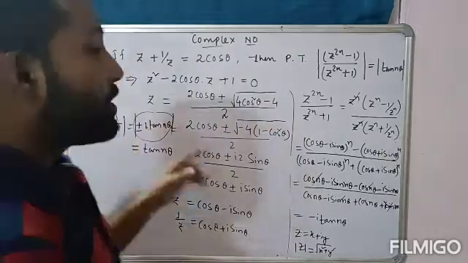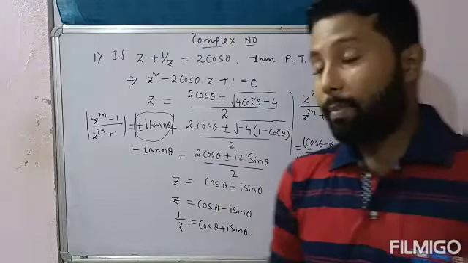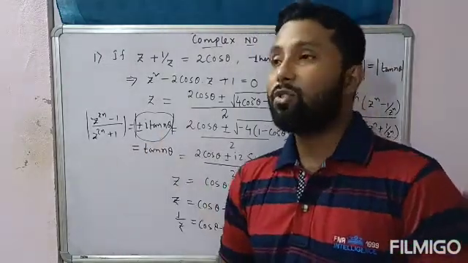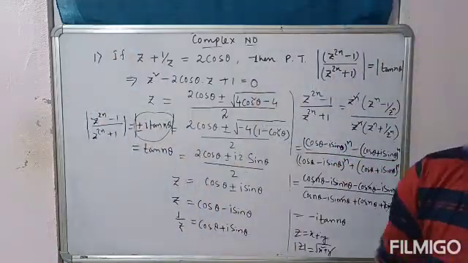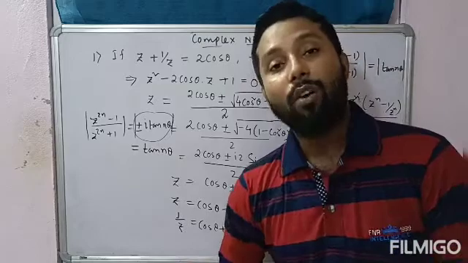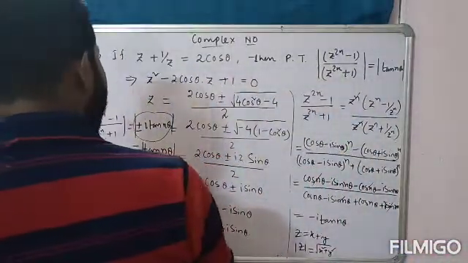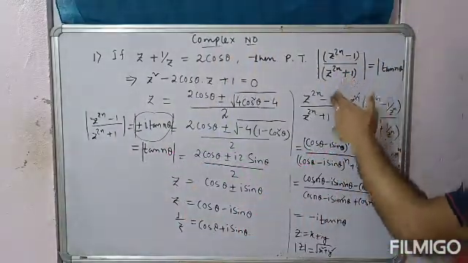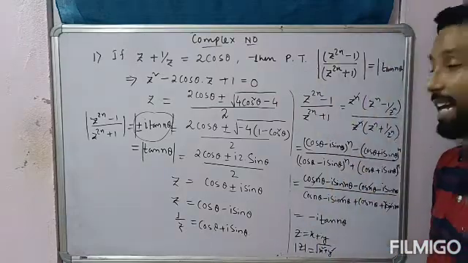So since there is no real part, the real part squared is 0, plus the imaginary part of z whole square, and this is purely imaginary. So tan n theta whole square, the root and the square cancel, so then only tan n theta remains. And better we have to give the modulus sign also. So modulus of (z to the power 2n minus 1) by (z to the power 2n plus 1) is equal to modulus of tan n theta.